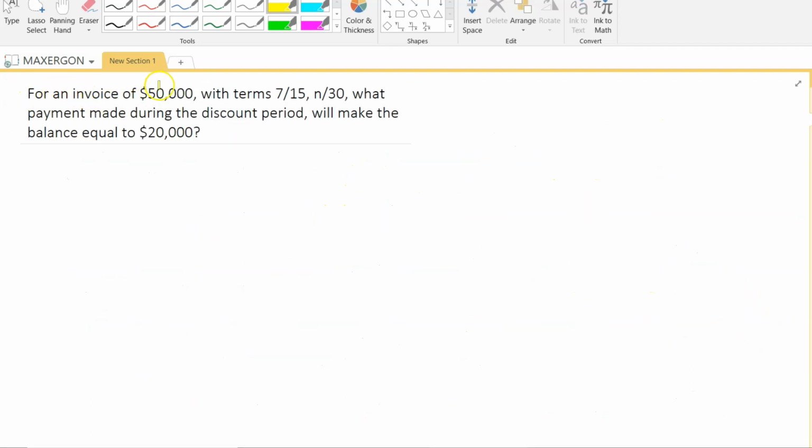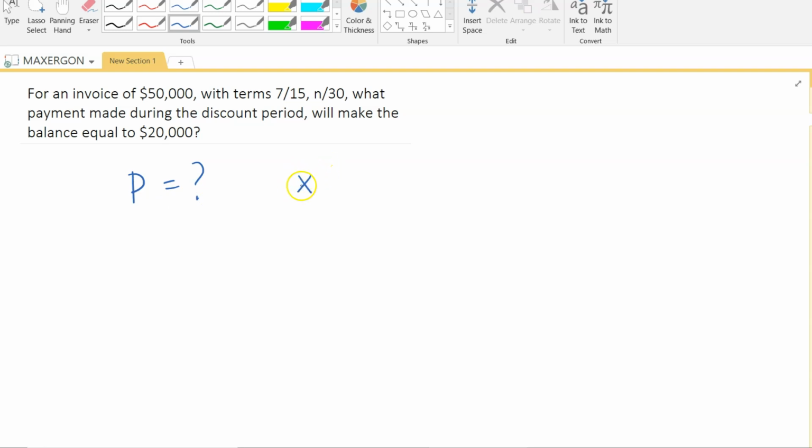For an invoice of $50,000 with terms 7/15, net 30, what payment made during the discount period will make the balance equal to $20,000? In this case, we do not know the partial payment. So the partial payment is something we don't know. But we know that for this partial payment, there will be a credit received.